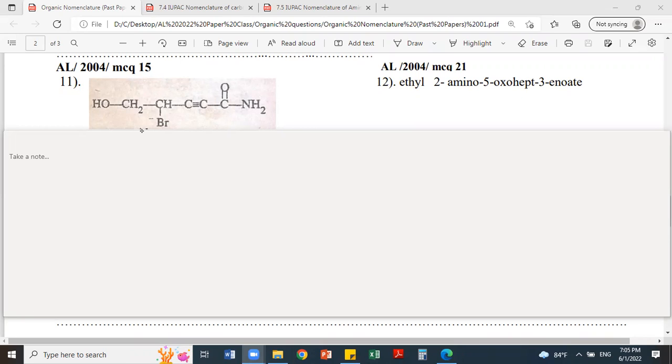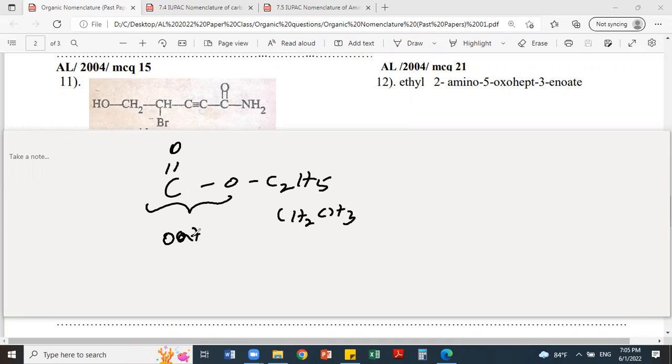No. It is an ester. Imagine like this, C double bond O, C2H5, or we call it CH3CH2. This is called ethyl. That's why this is oate, because it's an ester. So this one you have to write at the beginning of the name as ethyl, because it's not directly connected to the carbon atom. So this side you get the longest chain.